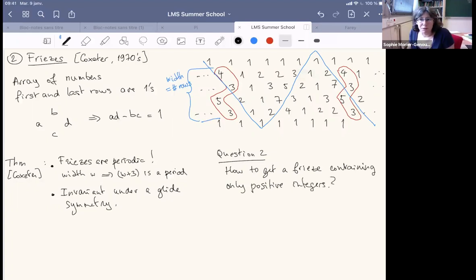If I give the frieze, of course, you can check that it's a frieze. It's just the rule. It's periodic, so you don't have infinitely many verifications to do. It's fast. But the magic thing that is behind this frieze is that it's only with positive integers.